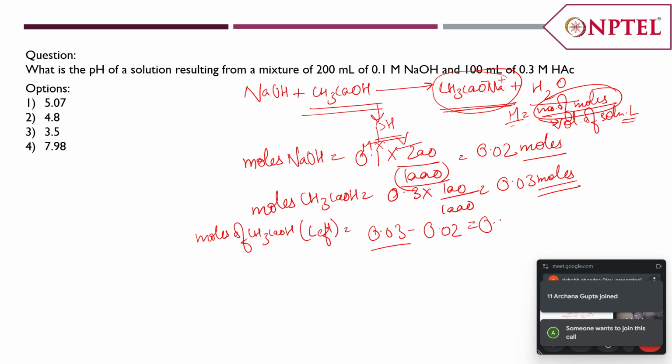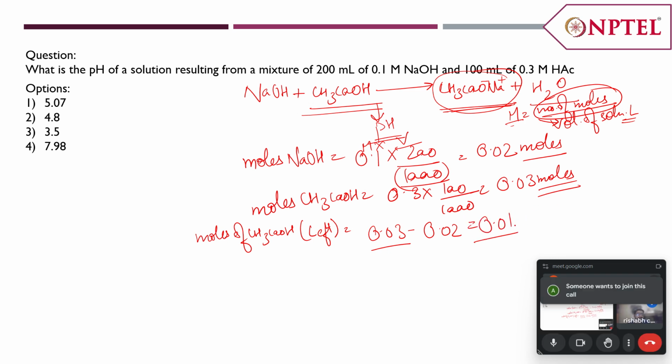So now the leftover moles of acetic acid will be 0.01 moles. Okay, now from this we'll calculate the molarity of acetic acid that is remaining.